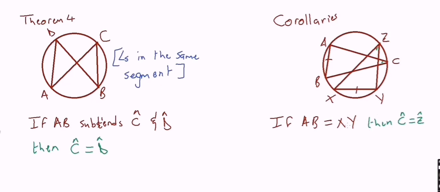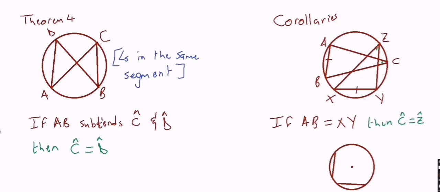They don't need to subtend angles in the circumference. They can also subtend angles at the center. Okay, so I'll show you an example of this. Just draw a smaller circle like that, and then 2 chords, this one and that one, and then I will choose a point to be a center.